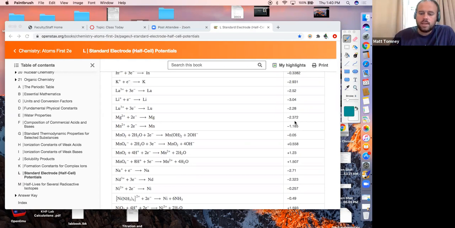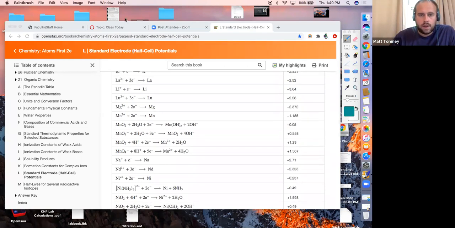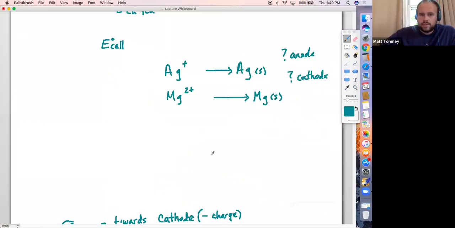So, keeping those 2 values in mind, the silver was determined to be positive 0.80 E cell. The magnesium was determined to be negative 2.37 E cell. So of the 2, the silver has the more positive potential for the E cell. That's the way I'm going to set it up.